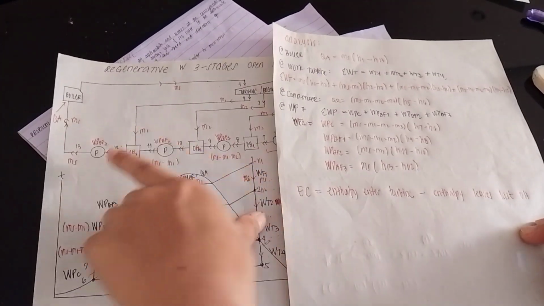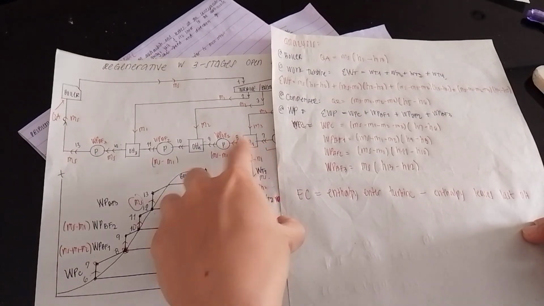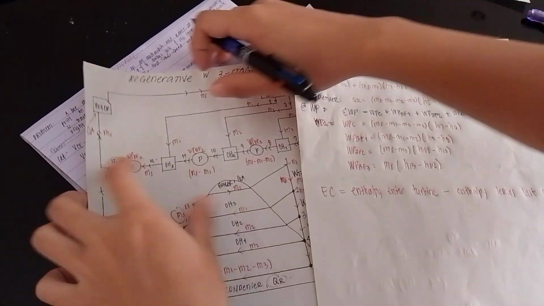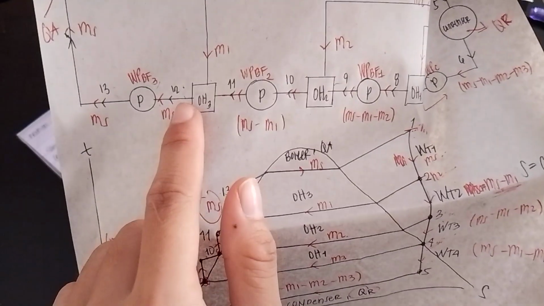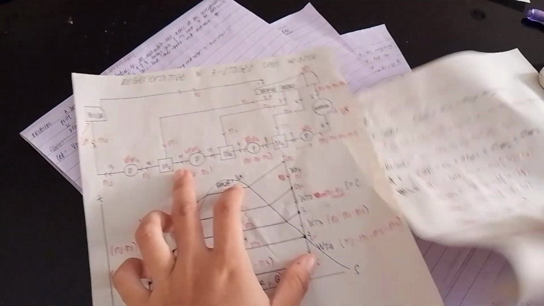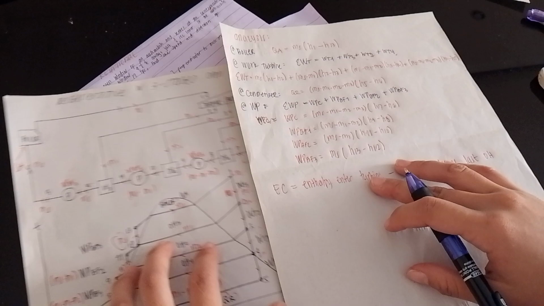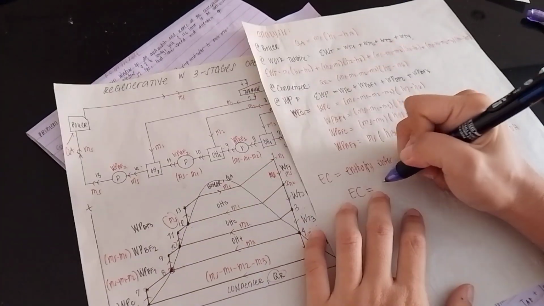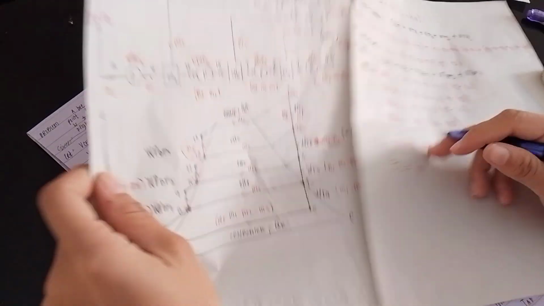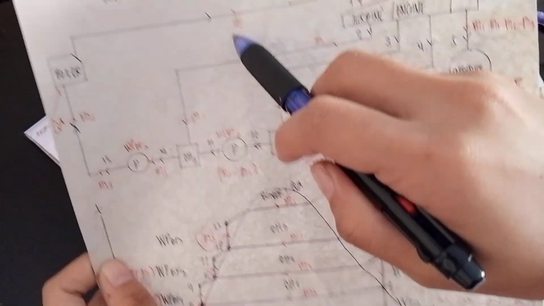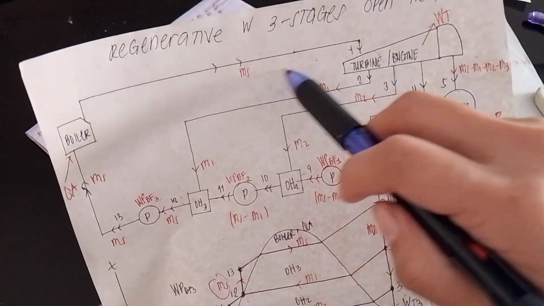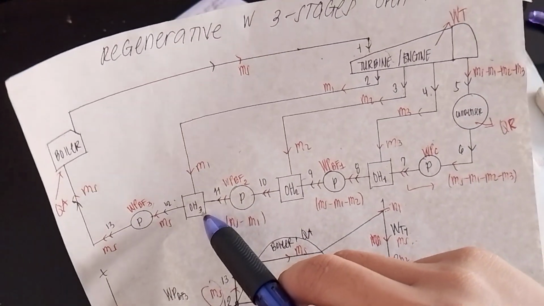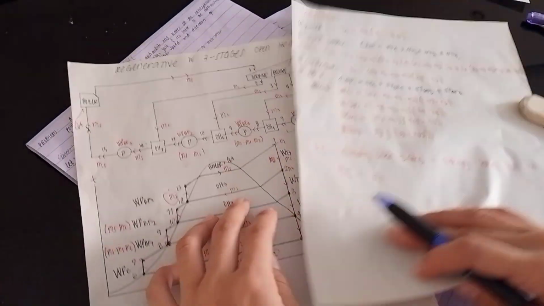So, di ba naa tay tulo ka open heater? So, ang last nga open heater is si OH3. So, unsa man ang enthalpy nga migawas ni OH3, which is H12. So, therefore, ang atong formula sa EC, EC is equals to MS kay pareha man sila nga MS ni sulod sa turbine ug MS nga migawas sa last nga open heater.